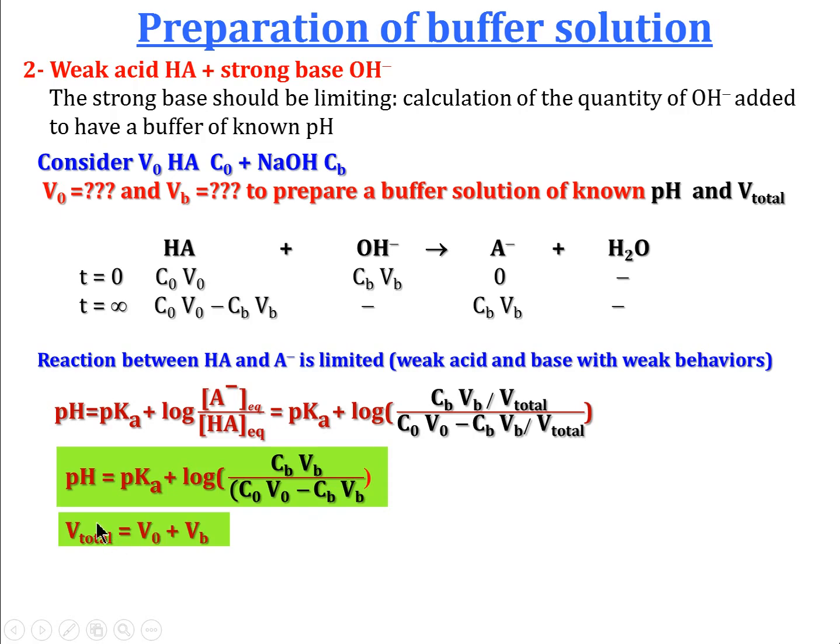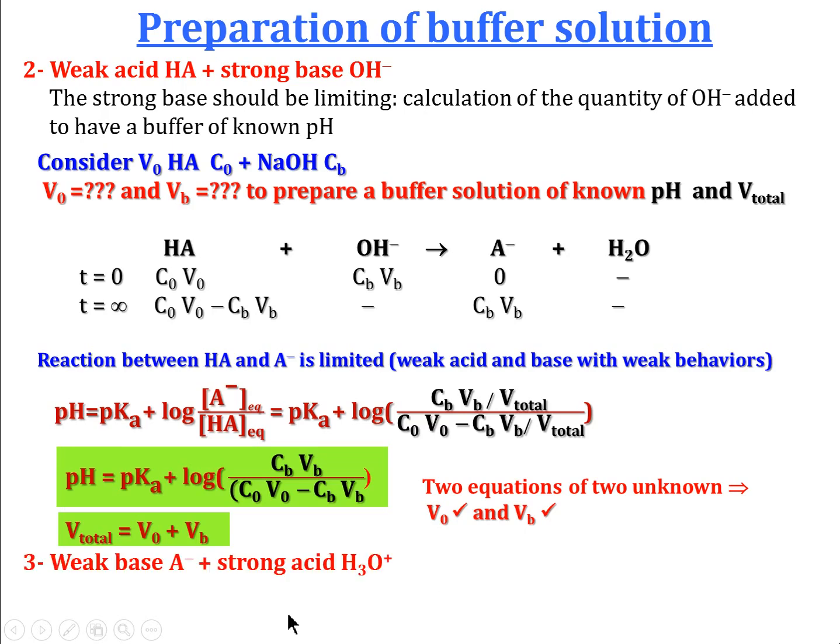And we have another equation: V total is equal to V0 plus Vb added. So we will have two equations with two unknowns. The unknowns are V0 and Vb, and therefore we can calculate V0 and Vb.